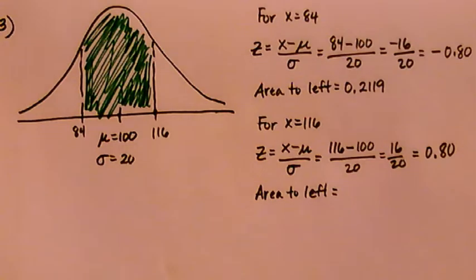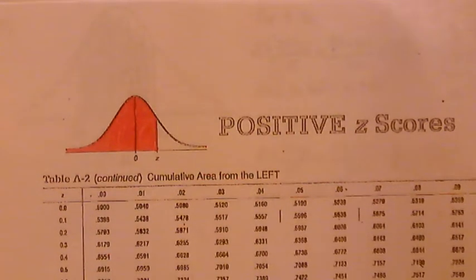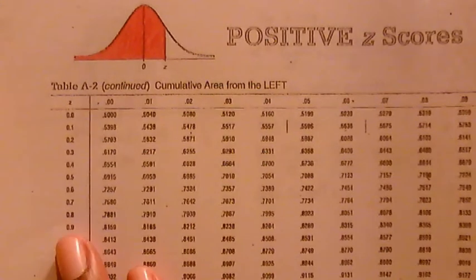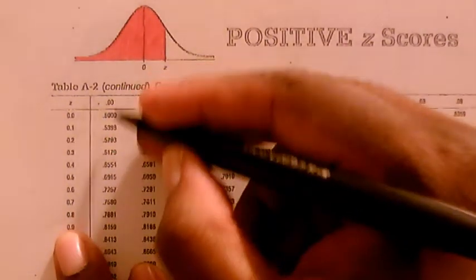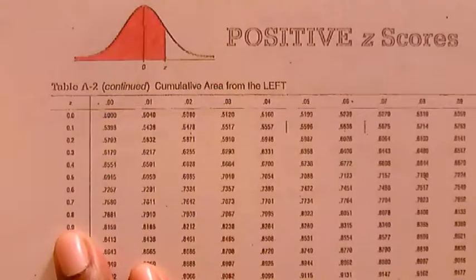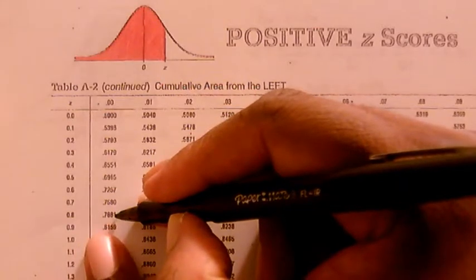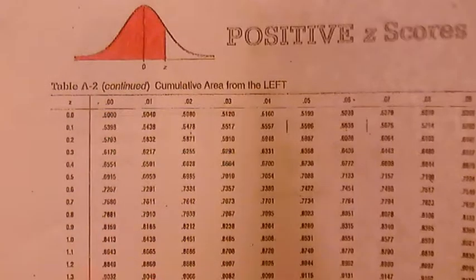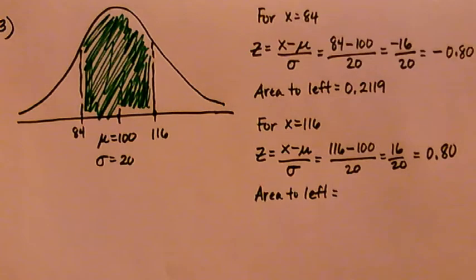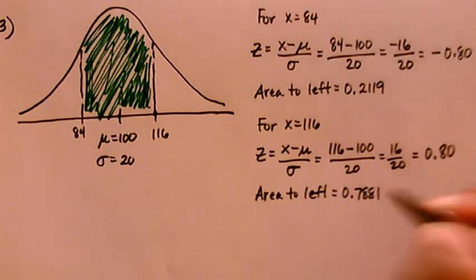It's not going to be negative this time, it's going to be positive z-scores that we're looking at. In this case it'll be 0.8, and in the first column 0.00, that area is 0.7881. So the area to the left of 116 is 0.7881.